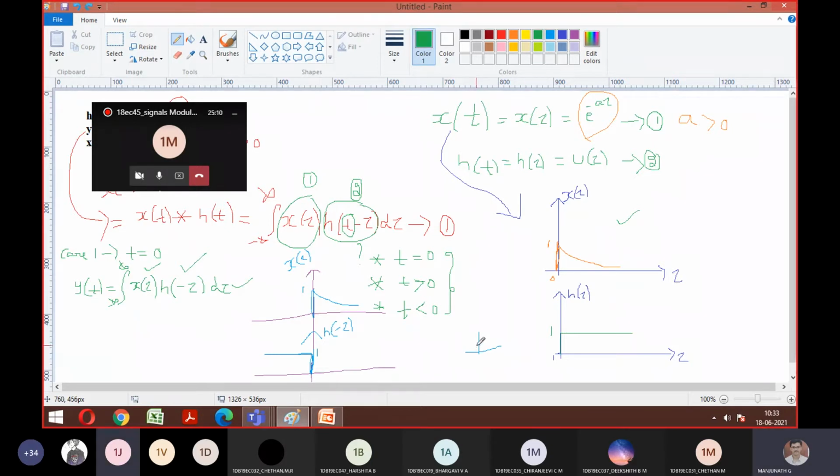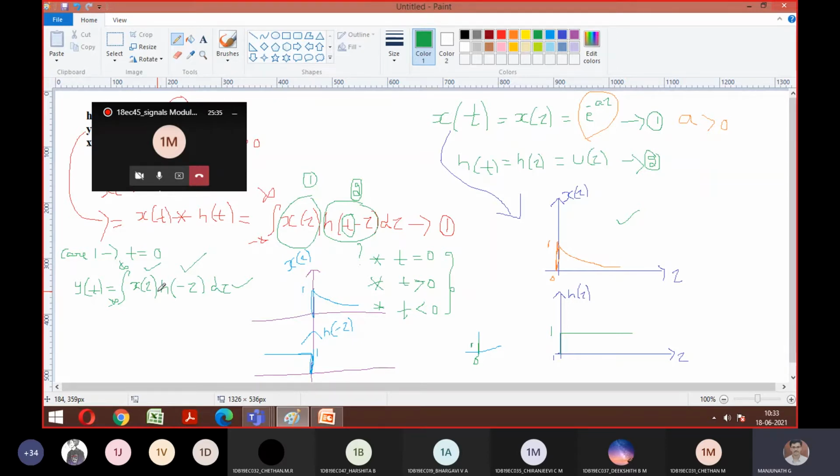Now tell me, if I consider only this position, that is what I am having after multiplication. After applying integration, do you get any output? Because we have t equal to 0.